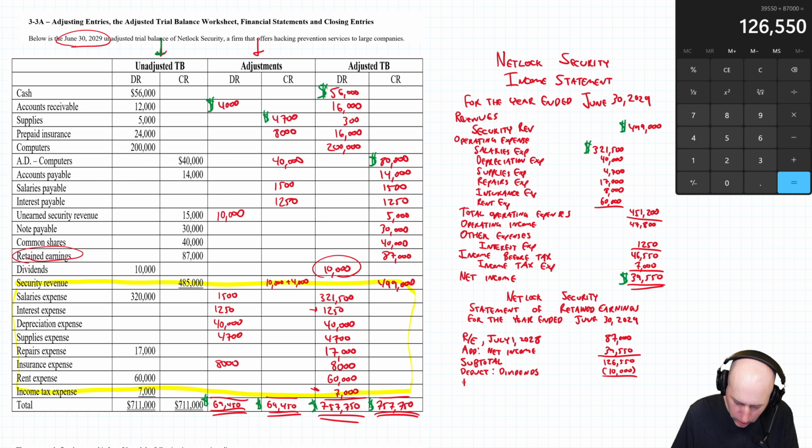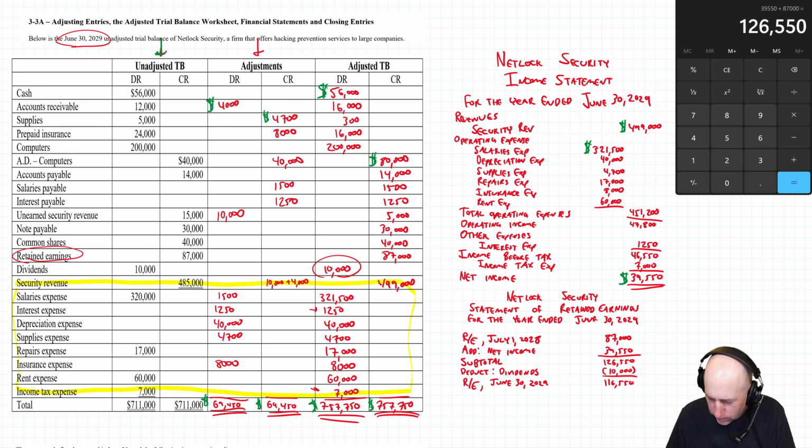And that gives us our retained earnings at the end of the period as of June 30th, 2029. 126 minus 10 is 116,550. All right, so we've done a beautiful statement of retained earnings, dollar signs at the top and at the bottom. And now we're on to the last statement, which will be the hardest, the balance sheet.